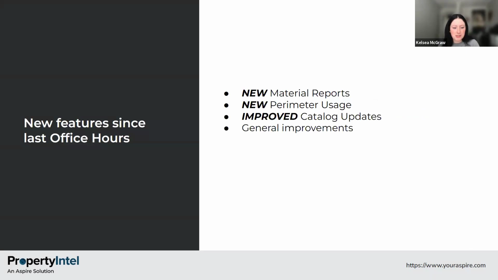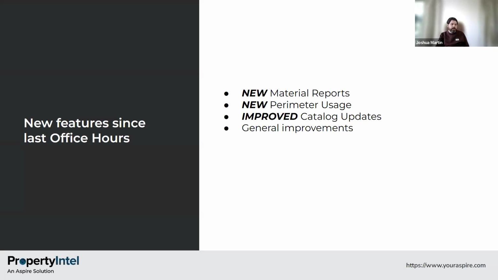Joshua, if you'd like to take over here for the new features. Yeah, so we have several things that we released last week. A caveat on one of the items here: it had a little bit of delay, and we do plan to get it out this week. But the first one there, material report. We'll look at a demo and show you a little bit more of what that means.